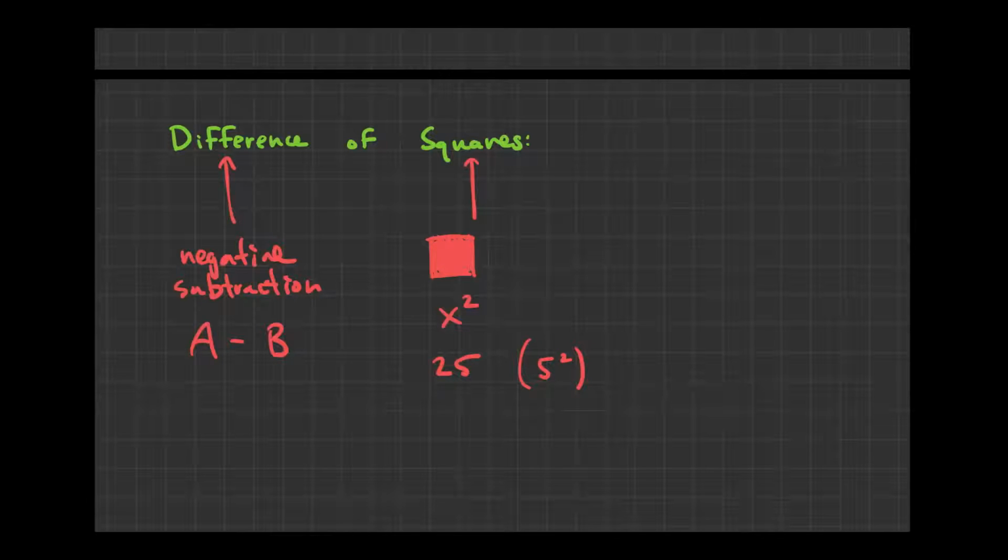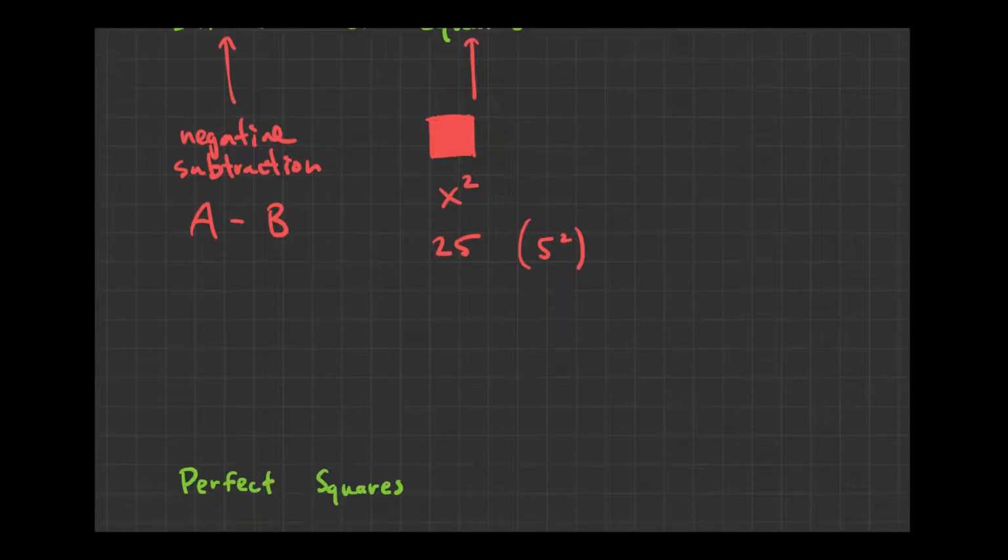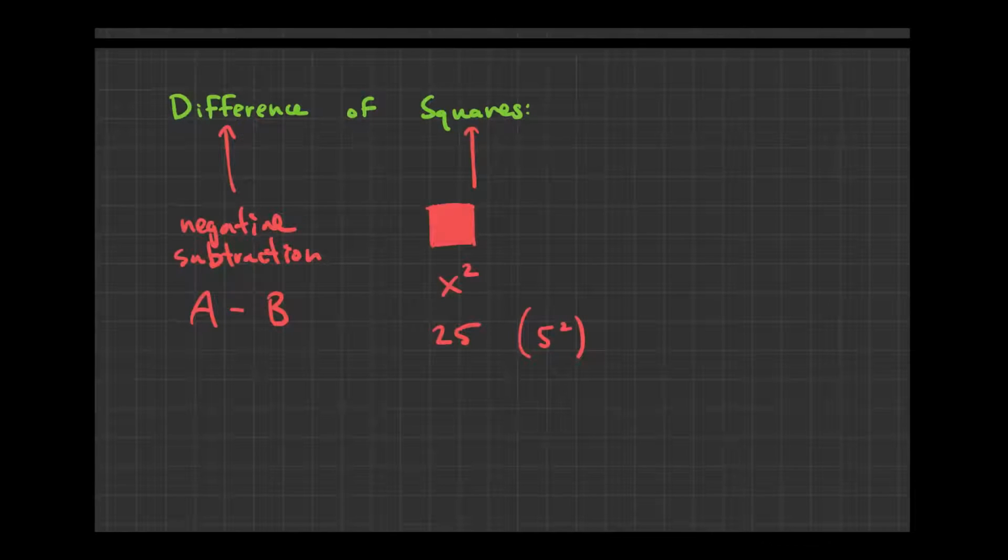So a difference of squares is going to be one square minus another square, of the form x squared minus y squared. Anytime you have a perfect square minus another perfect square, that's what we call a difference of squares. I'm going to give you an example.